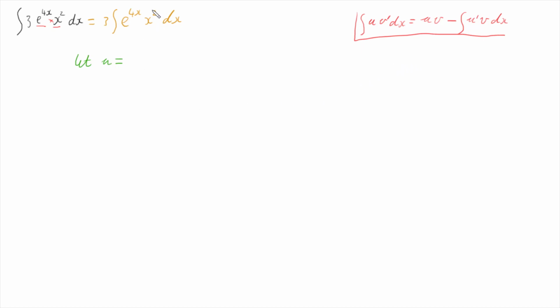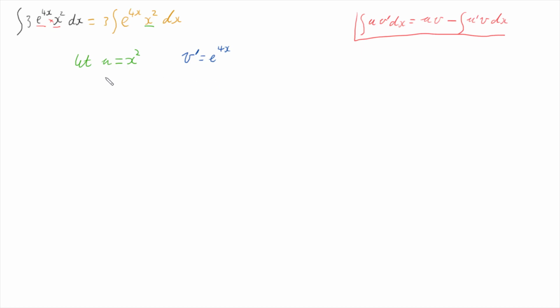And if I pick x squared, it derives down to 2x, which is simpler. So it might help us out. So I'm going to make u be our x squared. And I'm going to make v dash, the derivative of an original function, be e to the 4x.